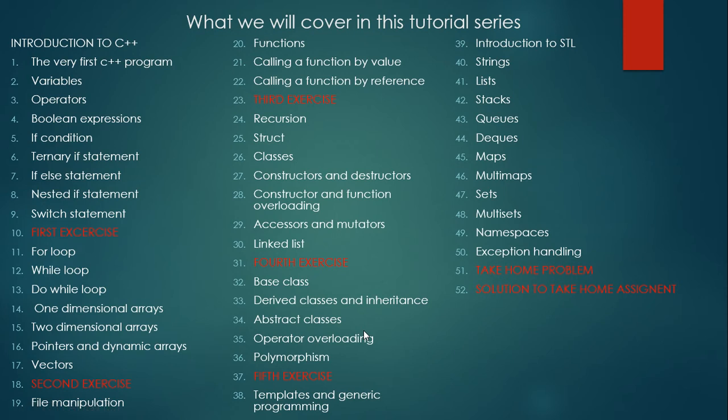So the next one, after the 5th assignment or exercise, we'll be talking about templates and generic programming, and then we'll introduce ourselves to STL, the standard template library. That is a new feature that's been added to C++, and that is not present in C, one of the perks of C++ over C.